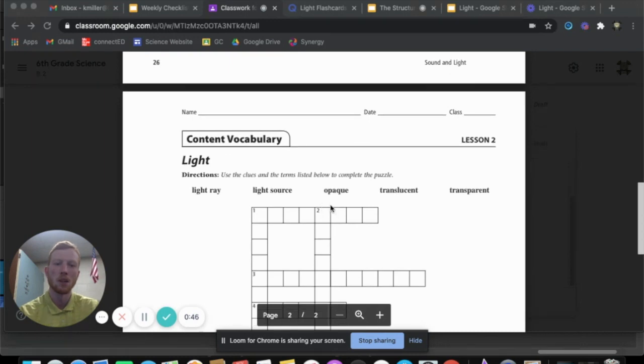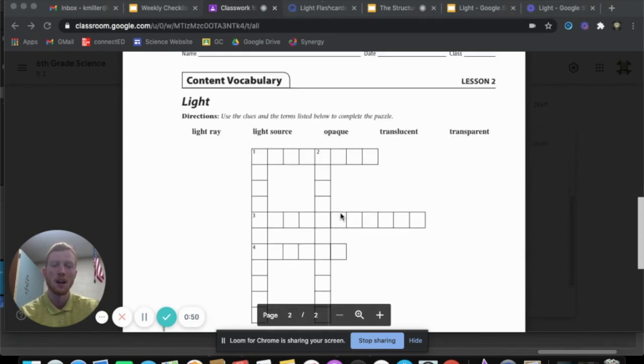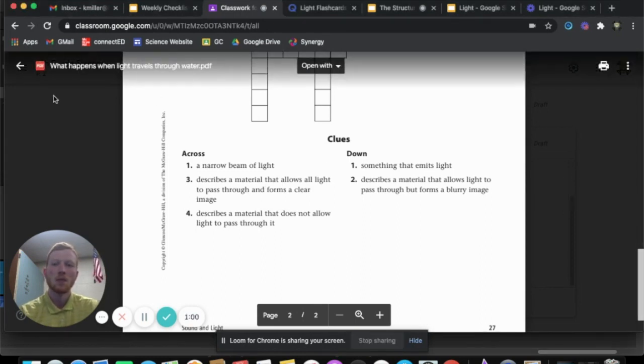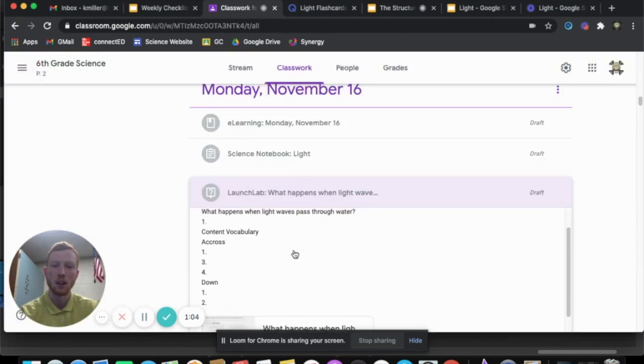Now, the second part, it's important that you listen to these directions because, of course, you can't write on the screen. I don't expect you to be able to type on a PDF. You are going to simply take a look at how I set up this question. If I click out of here, you can see that I already have it laid out for you. I already went over this first one where it says number 1.